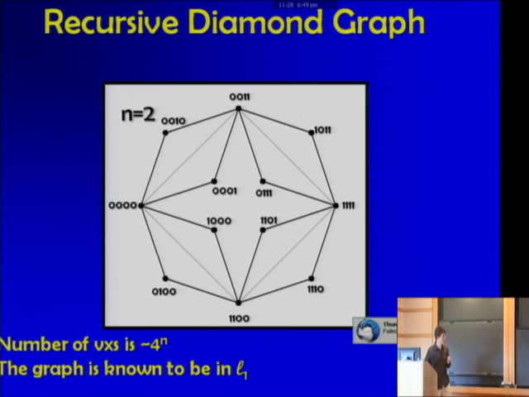I was hoping to get some comment here. So it's not quite an embedding into L1, it's kind of almost. Take the distance from here to here. The distance is 2. It should be 4, right? So 1, 2, 3, 4. But that's not a problem. This shortest path metric is not actually embeddable into L1.